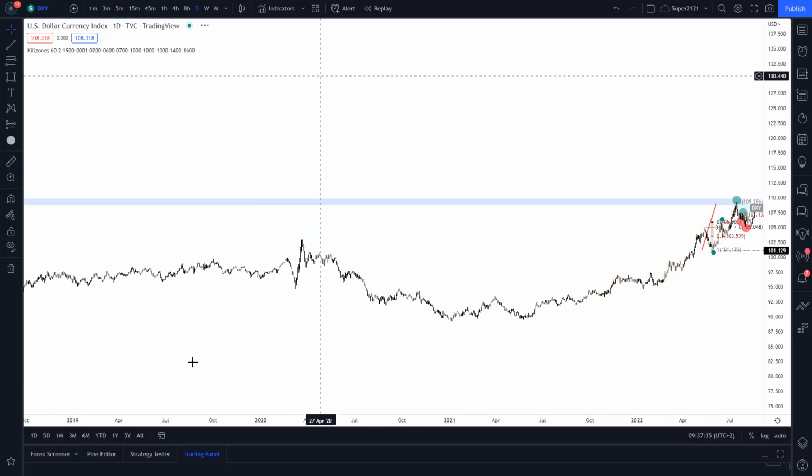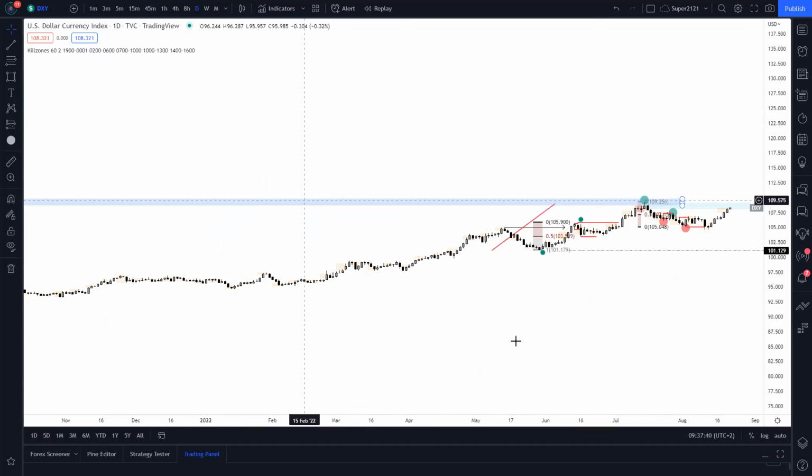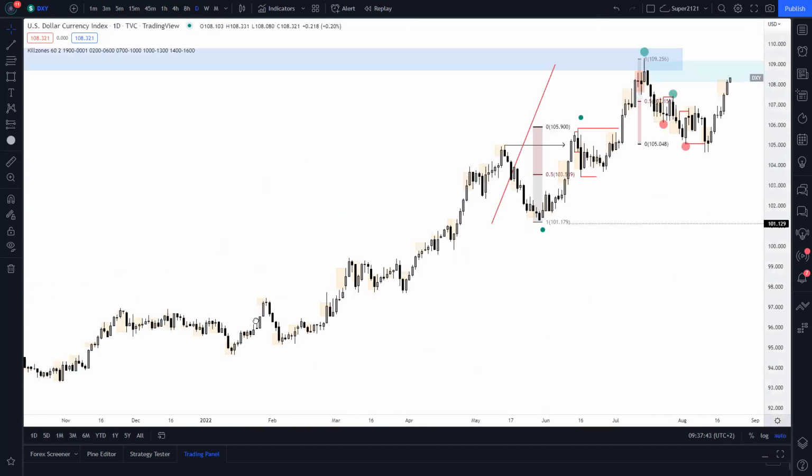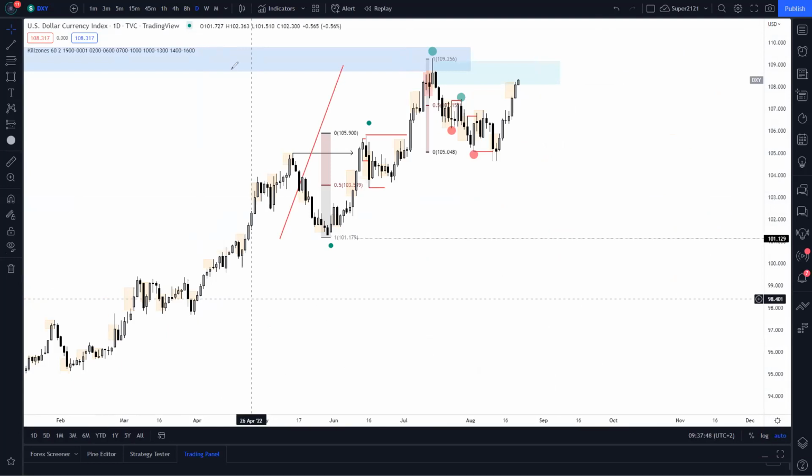price, let's just check daily. Let's hope it will make sense daily. So obviously, there are many people who are correct using this zone and saying that the price is going down.